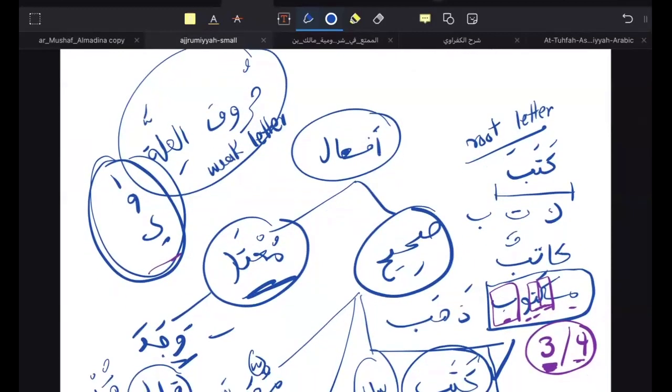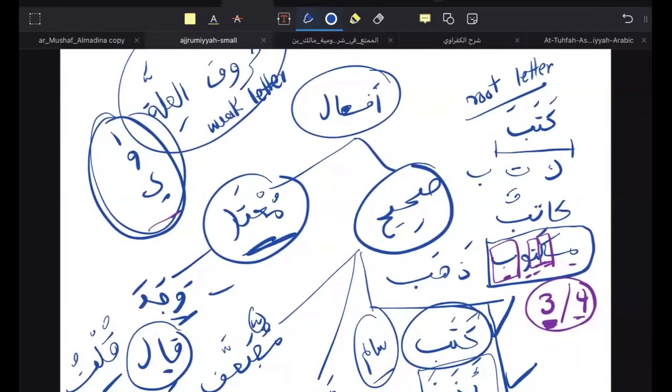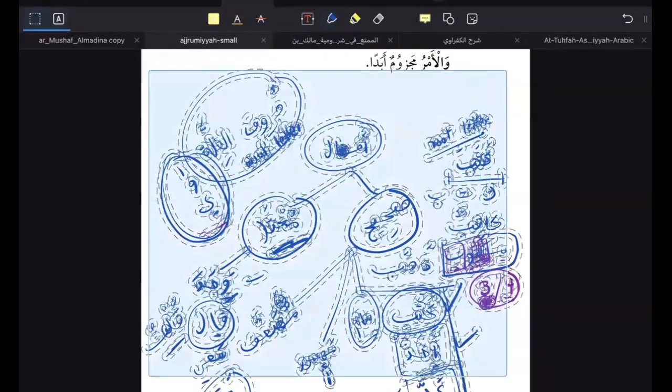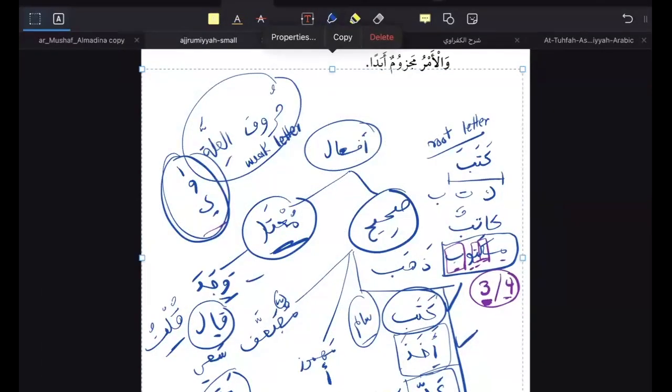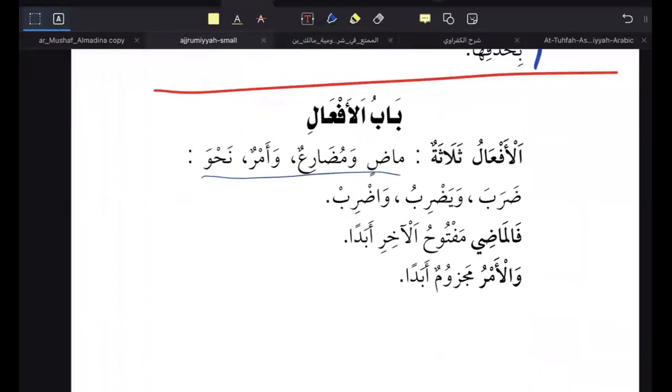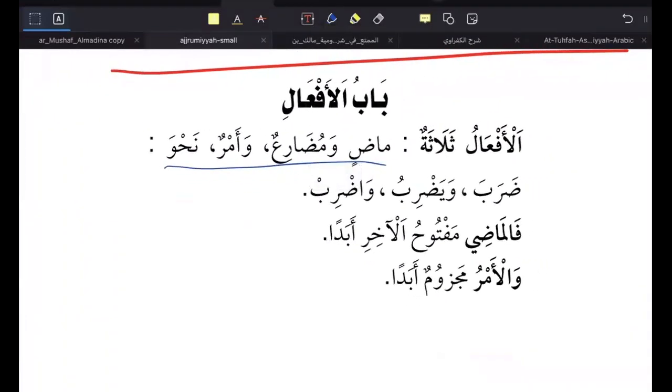We have different divisions, for example, fi'l lazim and muta'addi, whether something is transitive or intransitive. I think I will not have this discussion right now. If the time comes, we will go into it. The one division that nahu will talk about is the division that the author mentioned here. And this is the division I think all of you will know.